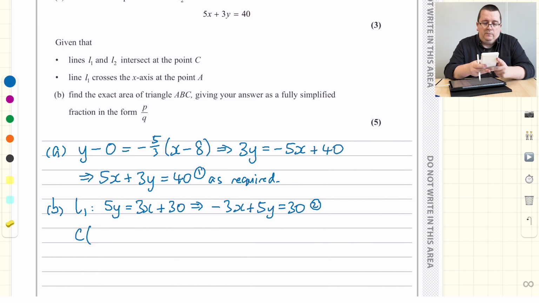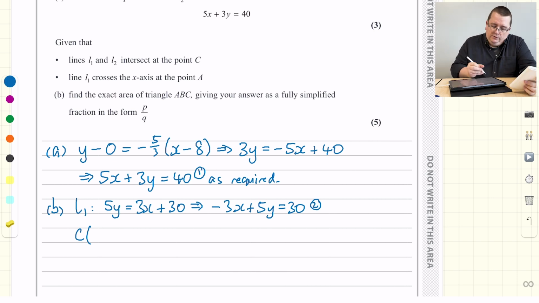So 5x plus 3y is equal to 40, and minus 3x plus 5y is equal to 30. So we get 55 over 17 and 135 over 17.